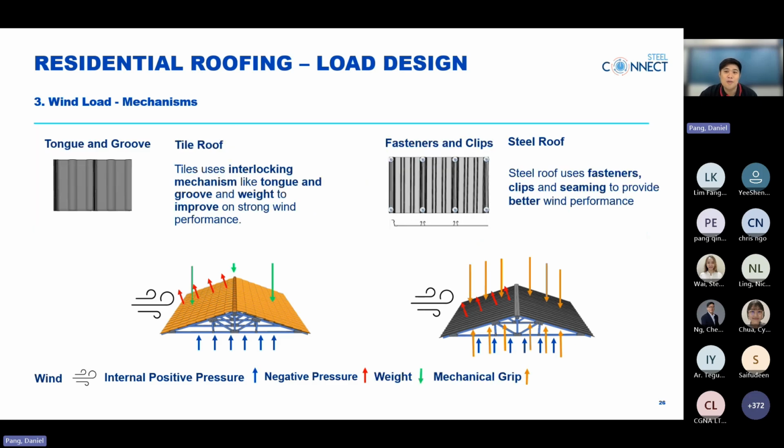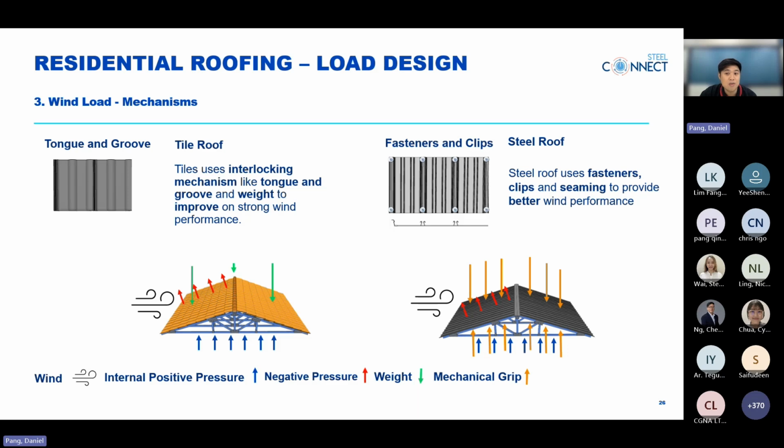Now we move more to the mechanism part of the tile and steel roof. So firstly, tile roof uses interlocking mechanism like tongue and groove, along with weight to improve on strong wind performance. Whereas for steel roof, it uses fasteners and clip, and sometimes even seaming to provide a better wind performance.